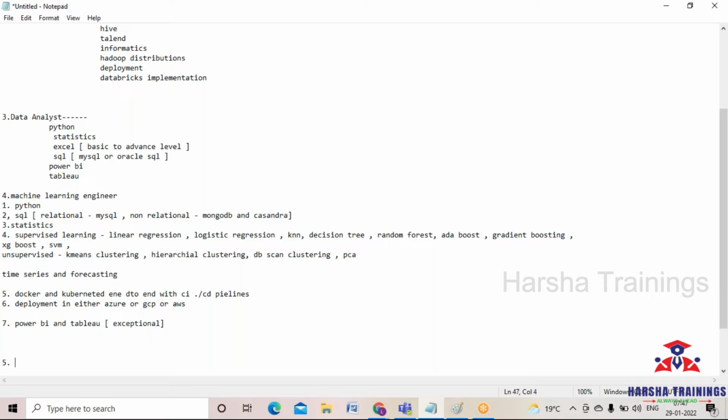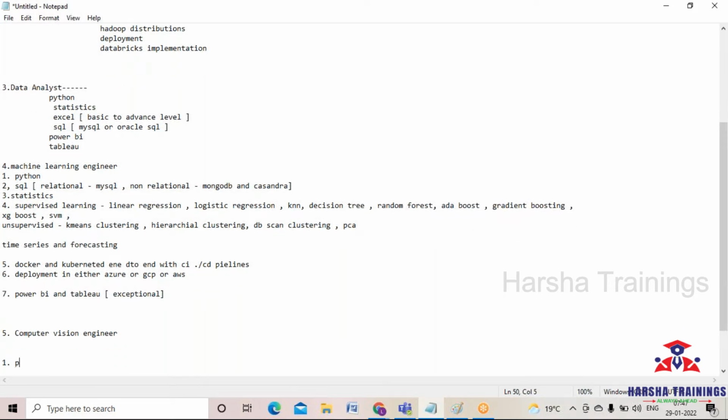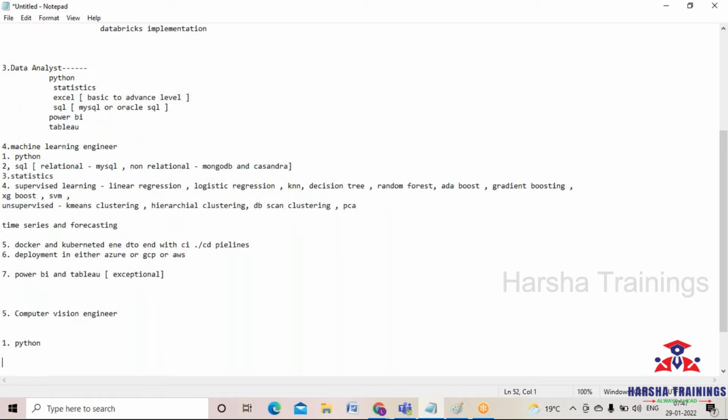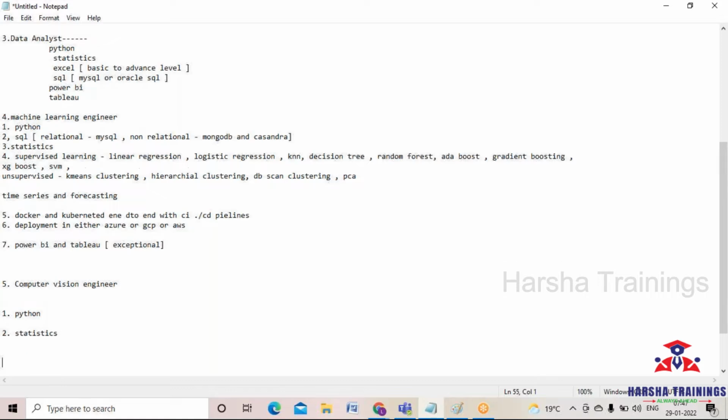So next one is computer vision. Here also this is common: first you will learn Python, second statistics, and next artificial neural networks.